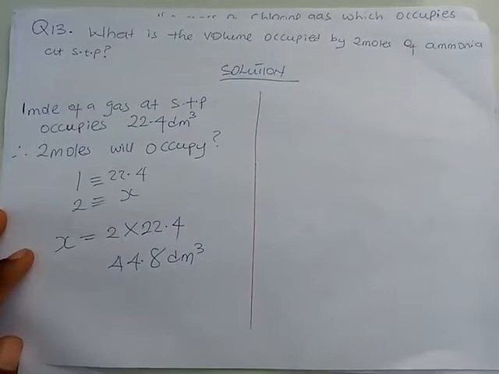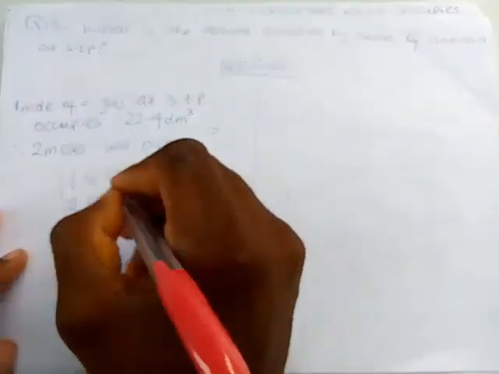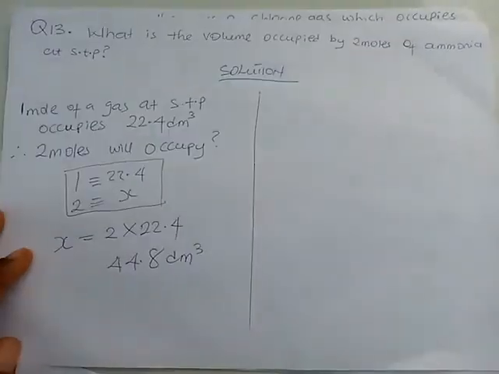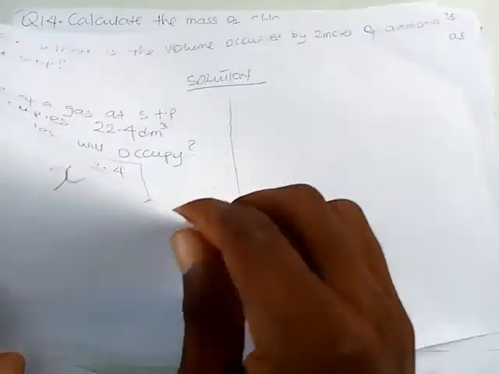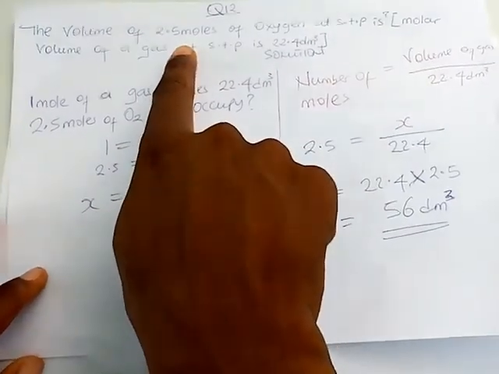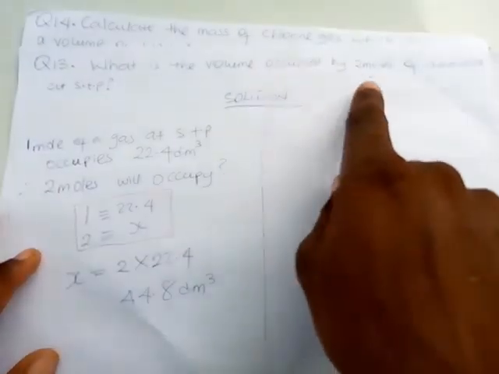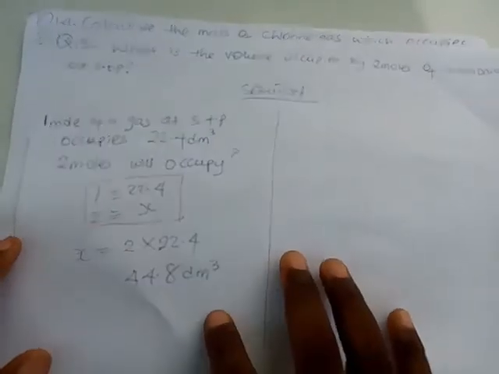As you can see, it's similar to the previous one we saw. Very similar to it, almost the same thing. Look at it again. 2.5 moles was given. We're asked to obtain the volume. Here again we have the moles given and we're asked to obtain the volume.